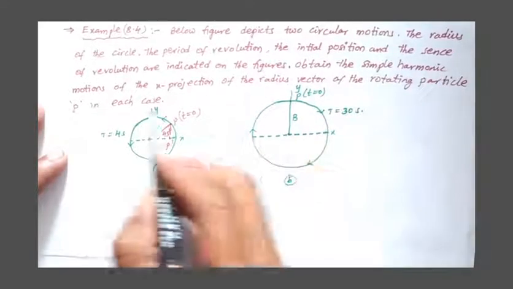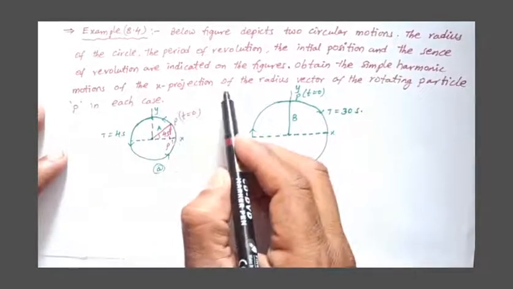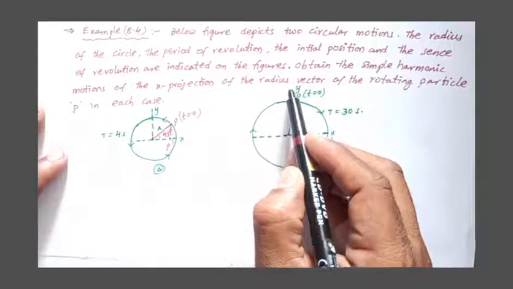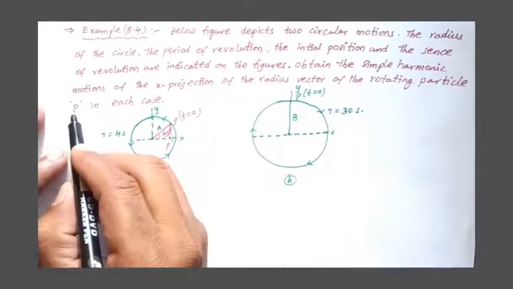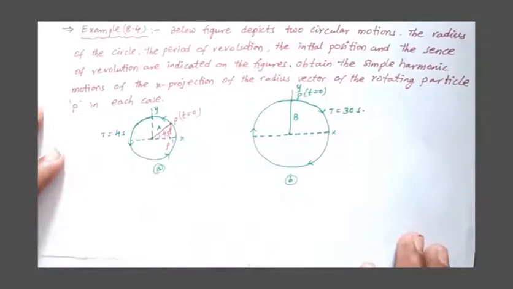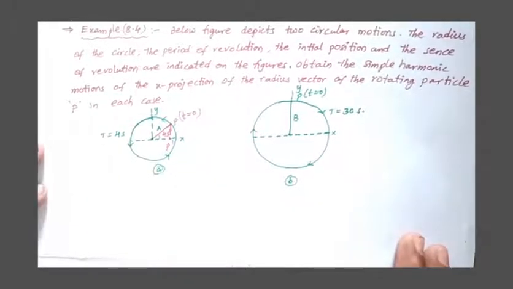Obtain the simple harmonic motions of the x projection of the radius vector of the rotating particle P in each case. So we can find the simple harmonic motion equation.